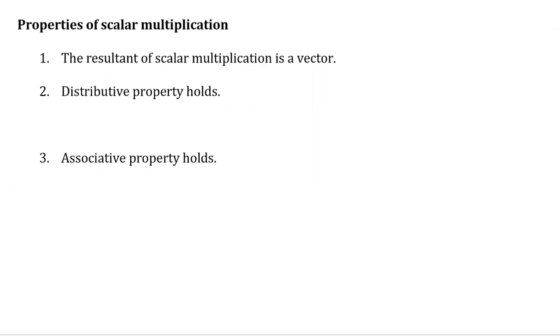And then this is something we're going to talk a lot about: different mathematical properties of operations, whether or not they hold. In this case, the distributive property does hold. So if I have a scalar k times vector A plus vector B, that is equal to k times vector A plus k times vector B. And you're probably thinking, well, yeah, of course it does.